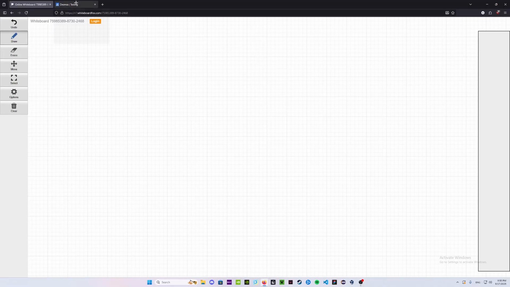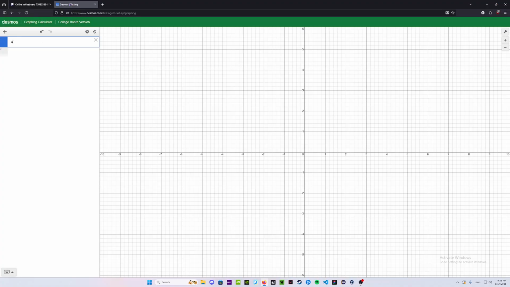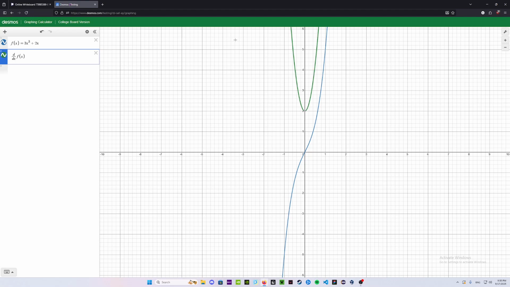But you can also go onto Desmos and do d over dx. Say I want to do here, I'll write f of x here. f of x equals, let's say, 3x to the power of 3 plus 2x. Okay, so I'll do d over dx of f of x. Boom.